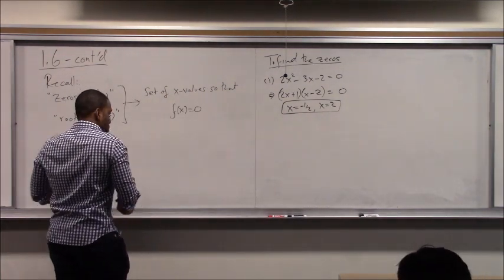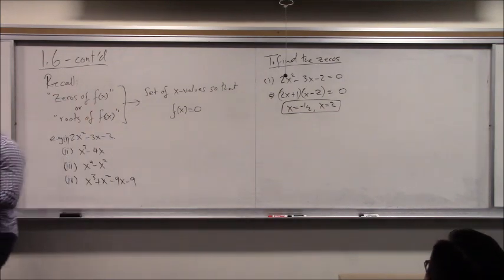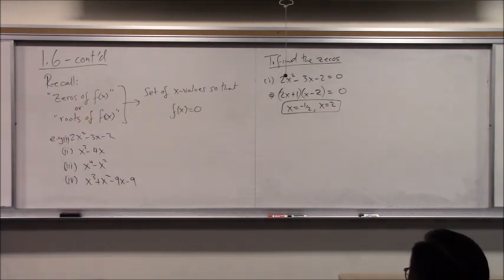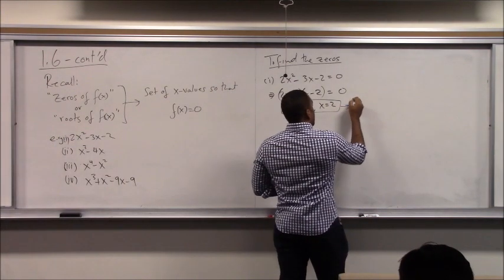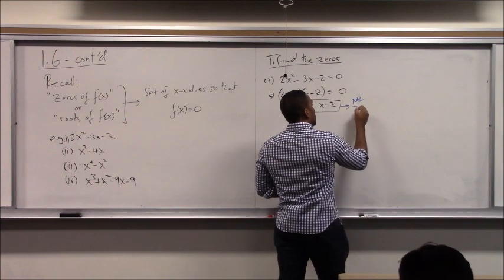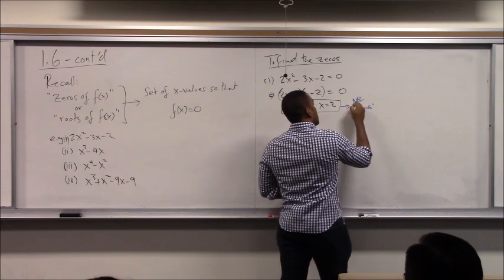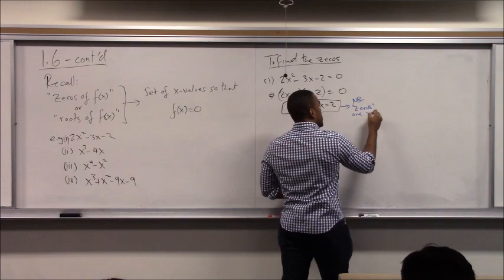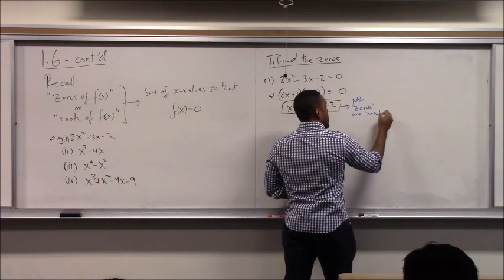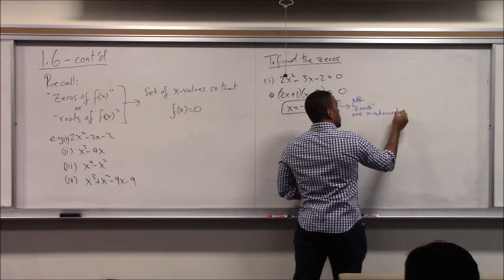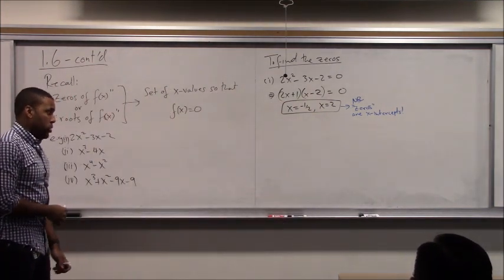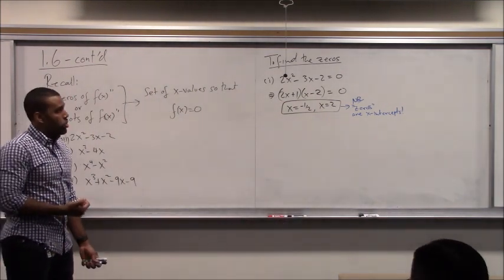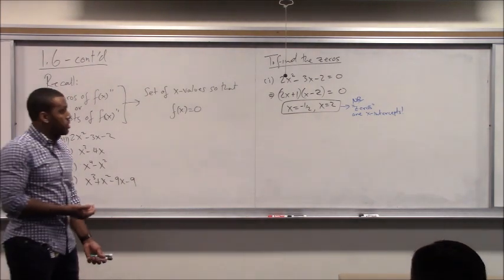Now, one thing I also want to emphasize is graphically what the zeros are. You should note the zeros, if they exist, are the same, graphically speaking, as the x-intercepts. We actually looked at graphing quadratics before, and you understand why it's important for us to be able to find x-intercepts.